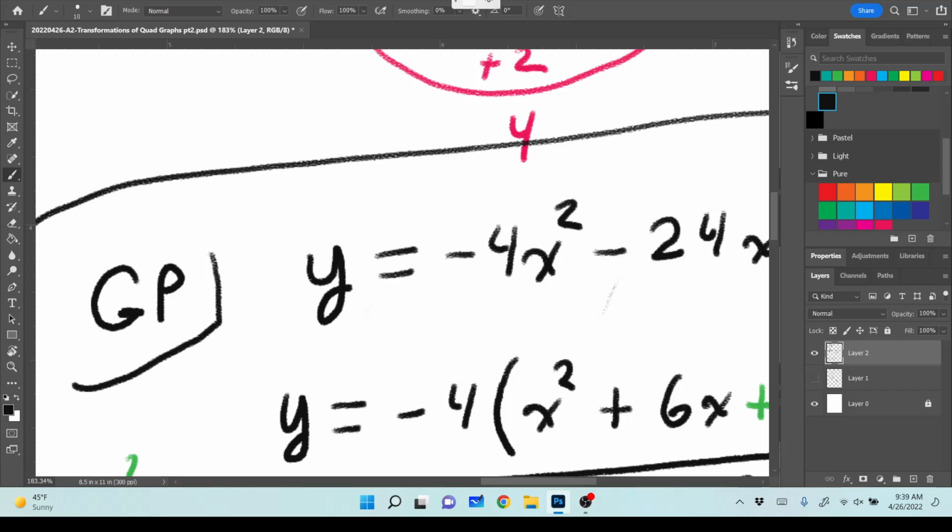Well, you have to take the b from the one where we factored it out, so it's the one by the x. So instead of being negative 24, it's 6, right? Because it's the one next to the x after you factor it out. So we factored out a negative 4.